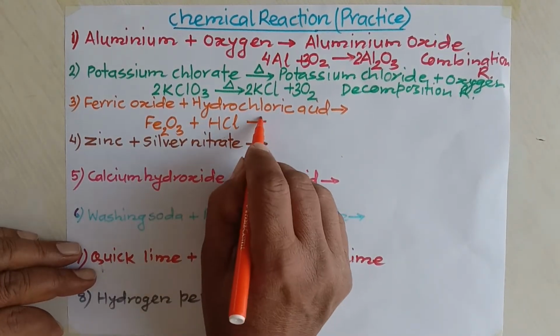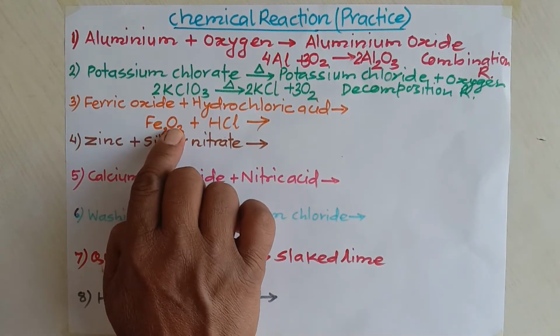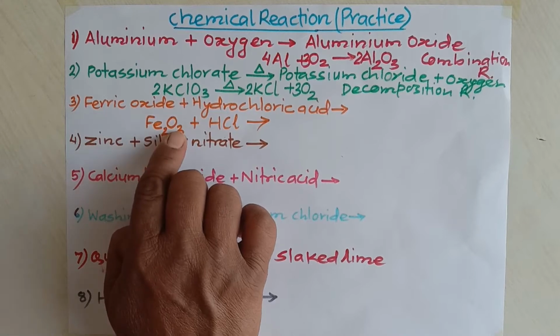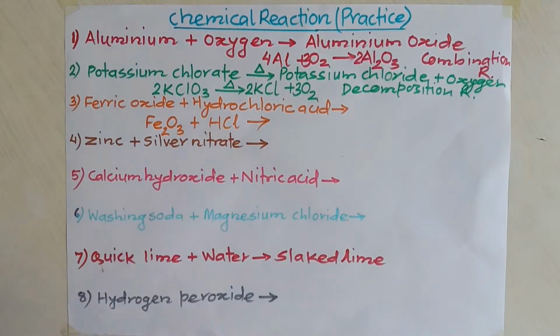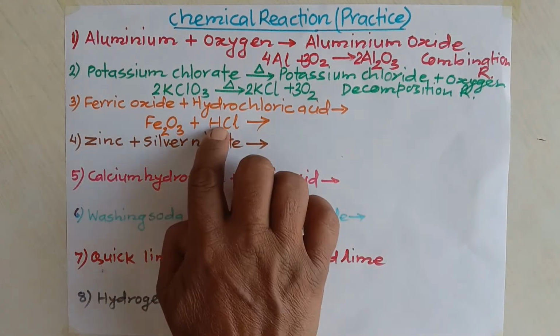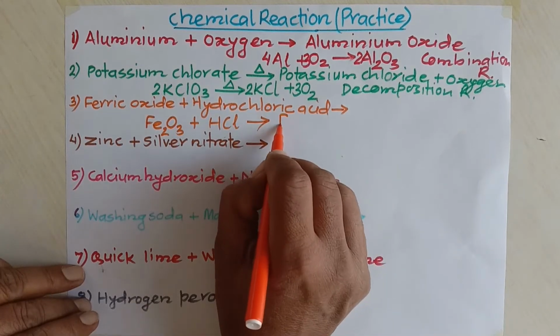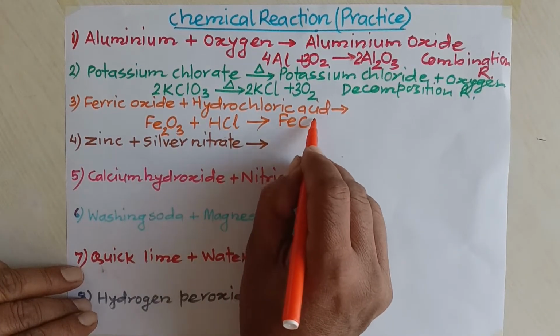And what type of reaction is it, and what is the product? With this metallic oxide, metal oxide, metallic oxide is a base, but this is an acid. That's why this is an acid-base reaction. In an acid-base reaction, one of the products is salt, another product is water. And how does salt form? Hydrogen of the acid is displaced by the metal. That's why it becomes FeCl.